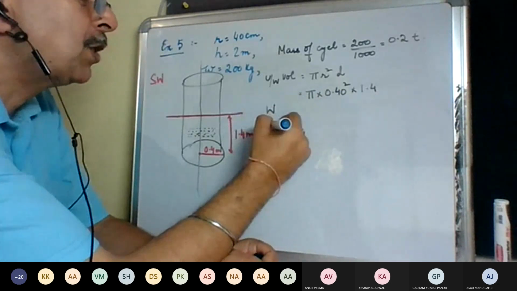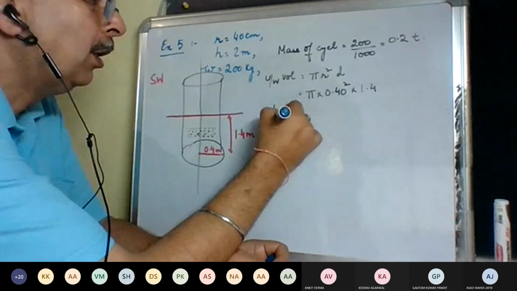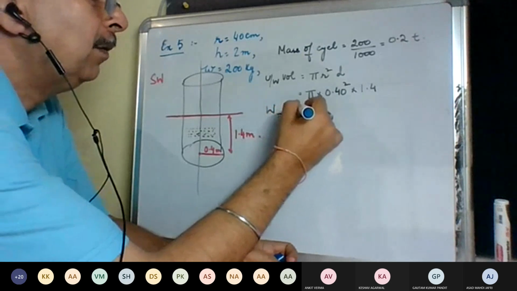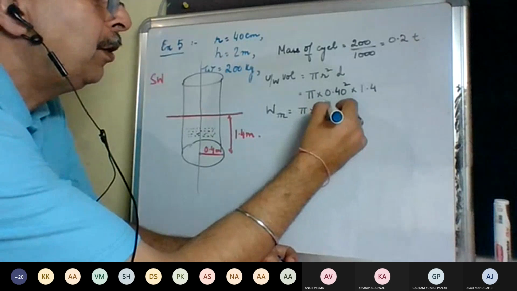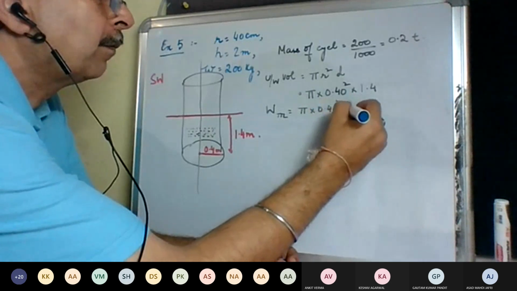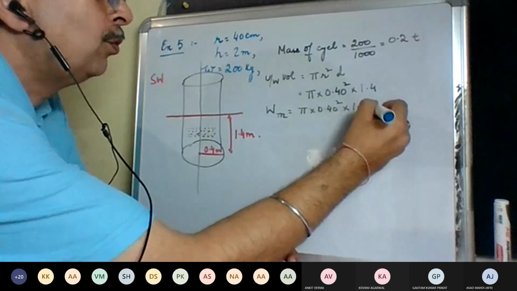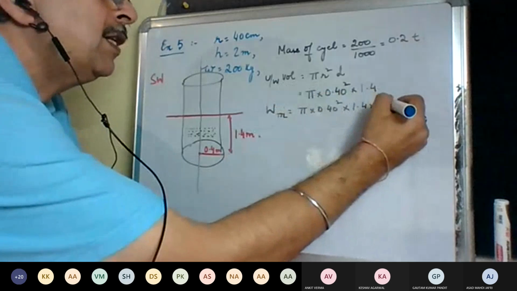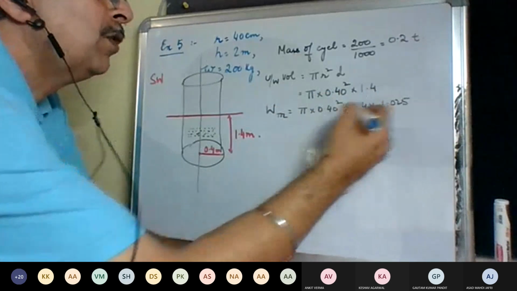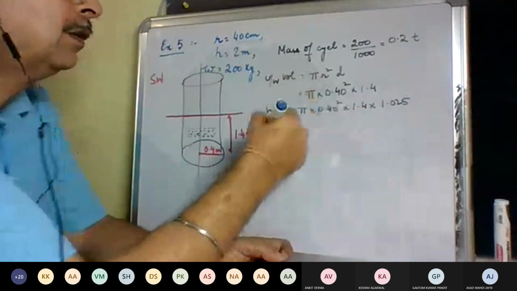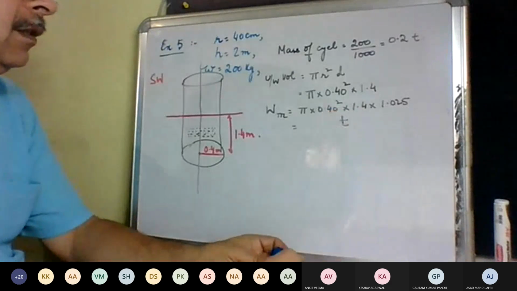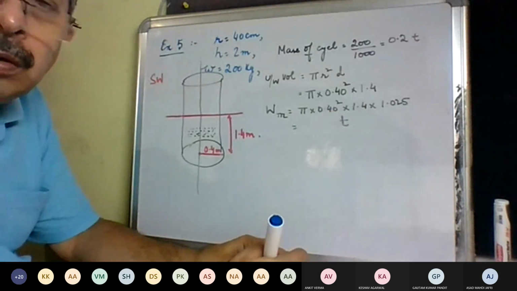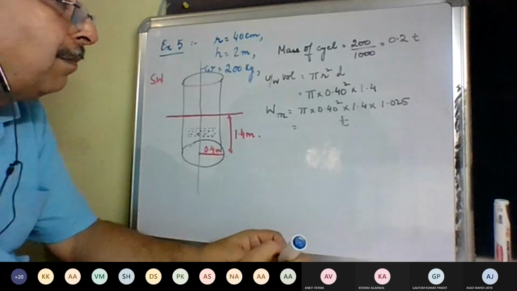Therefore, the displacement total will be pi into 0.4 square into 1.4 into the density in which she is floating, 1.0525. So this will be the total tons, which will be the W total, the mass of the drum and the lead.